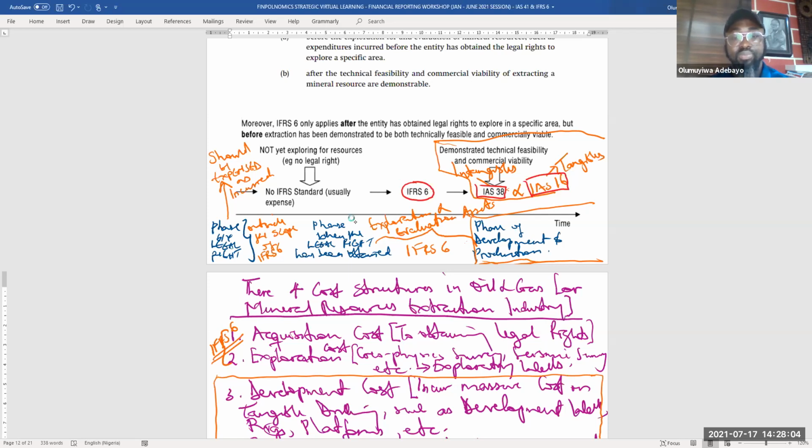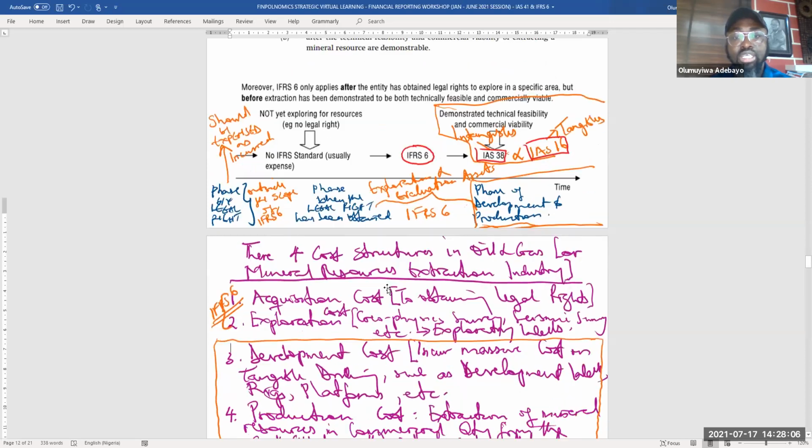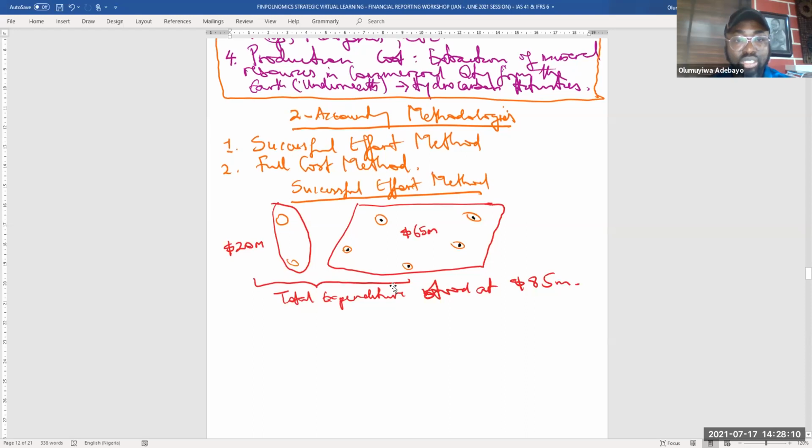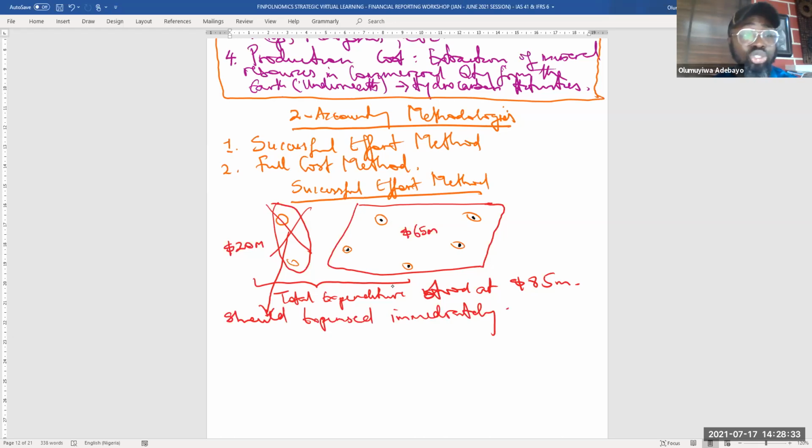That's the question. Now, we are saying that under successful effort method, the portion that is not successful, which is this, should be expensed immediately before development commences, because it failed, it was unsuccessful.